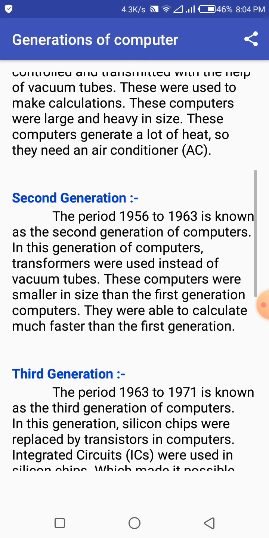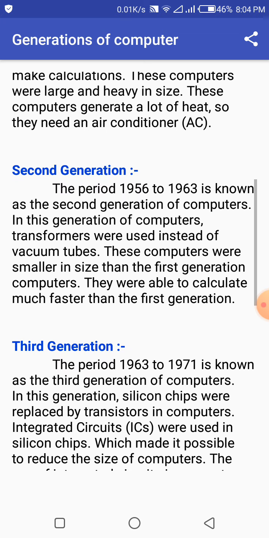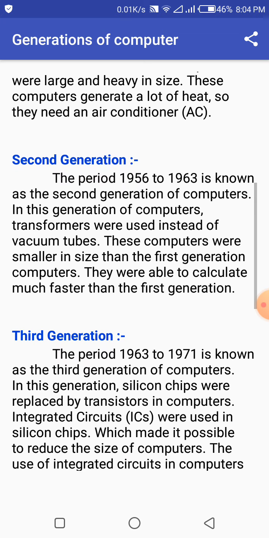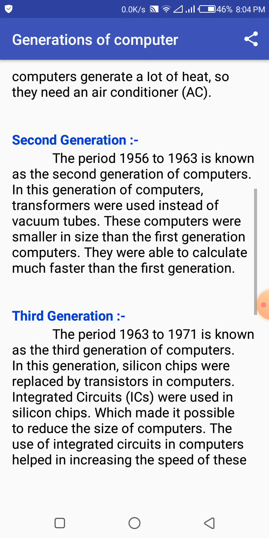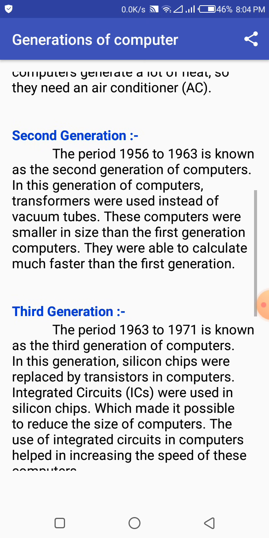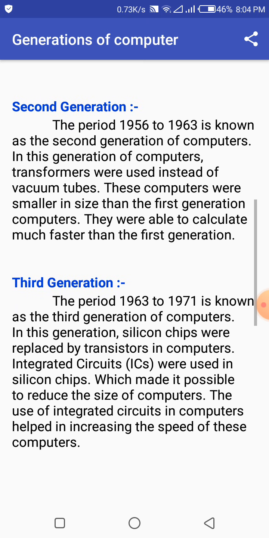These were used to make calculations. These computers were large and heavy in size. These computers generate a lot of heat, so they need an air conditioner, AC.